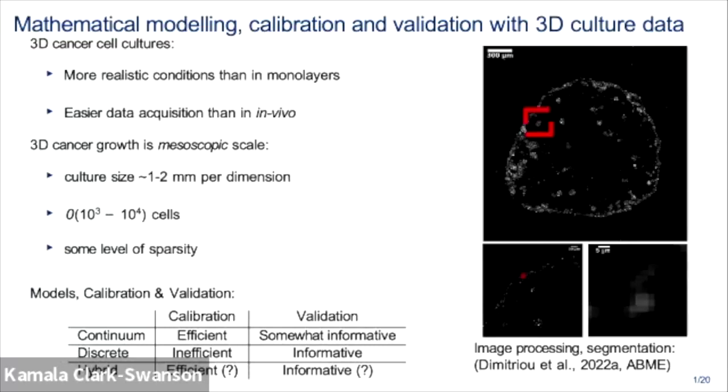On the other side, the discrete models are more expensive and can be slower in terms of calibration, but they can provide more details in terms of the spatial distributions of the cells. So our goal here is to take the best of both worlds and use a hybrid discrete-continuum model in order to calibrate and validate it with 3D cell culture data.